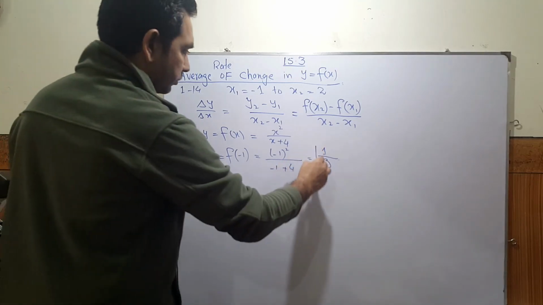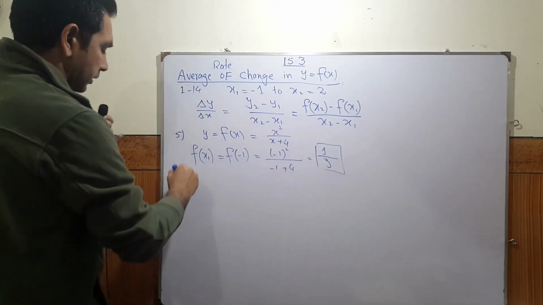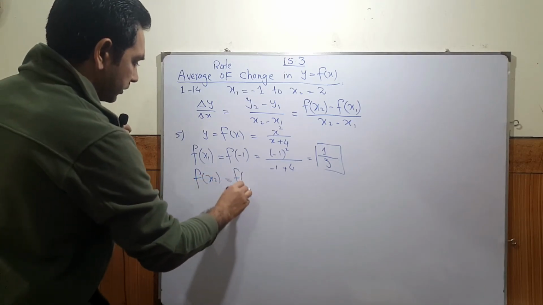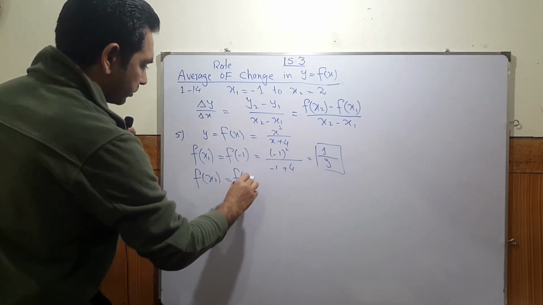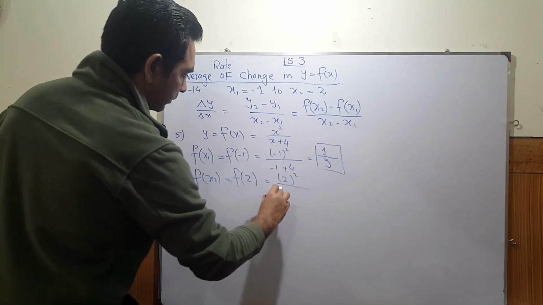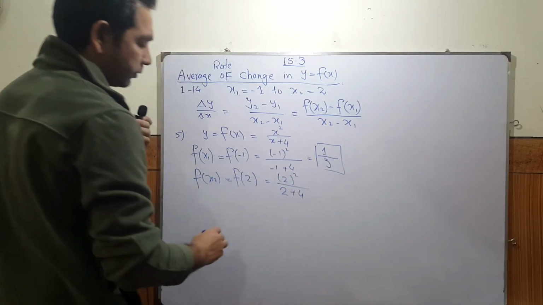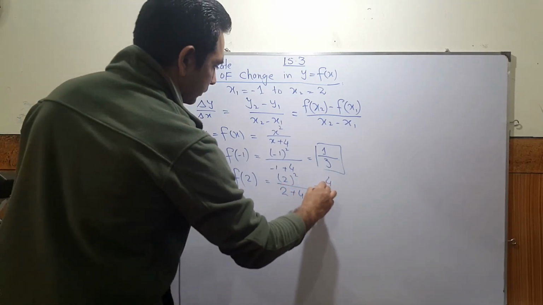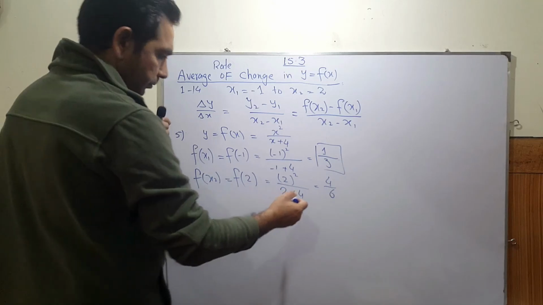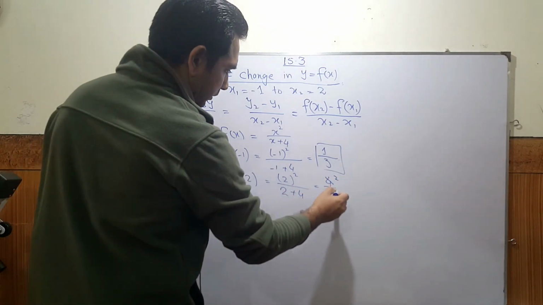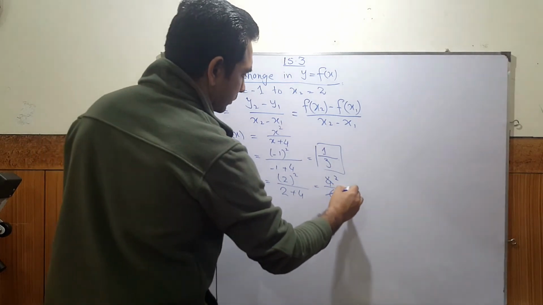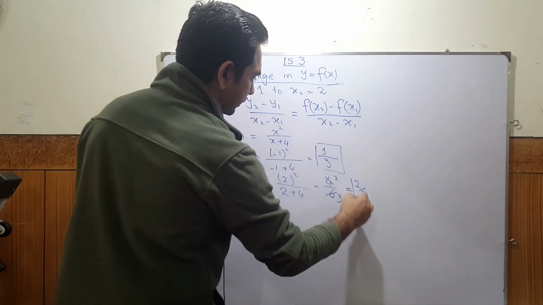So we have 1 over 3 for f of x1. f of x2 would be replacing x with 2. So we have the square of 2, which is 4, over 2 plus 4, which gives us 6. We can cancel both by 2, so this gives us 2 over 3.